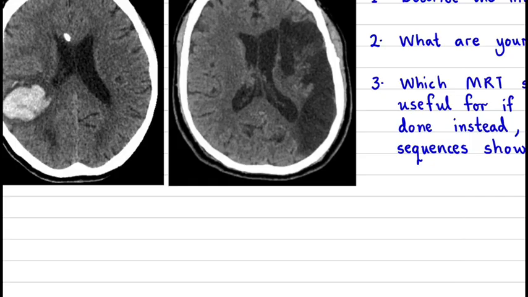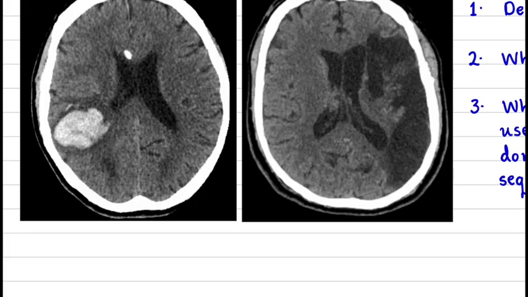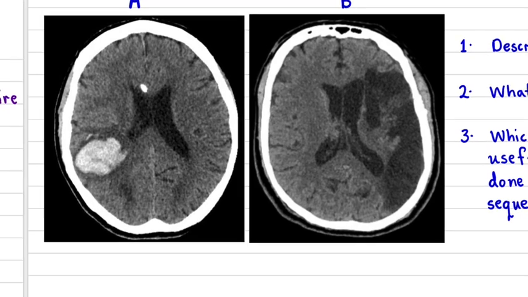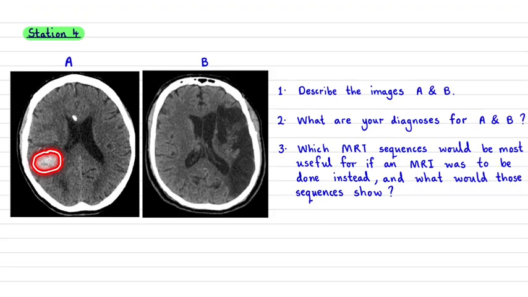The Hounsfield scale simply tells us about densities of particular tissues. The brain has a density of around 40, and acutely clotted blood has a density of around 80 Hounsfield units. So that means that the hemorrhagic lesion is going to appear hyperdense as compared to the surrounding brain tissue, as you can see.